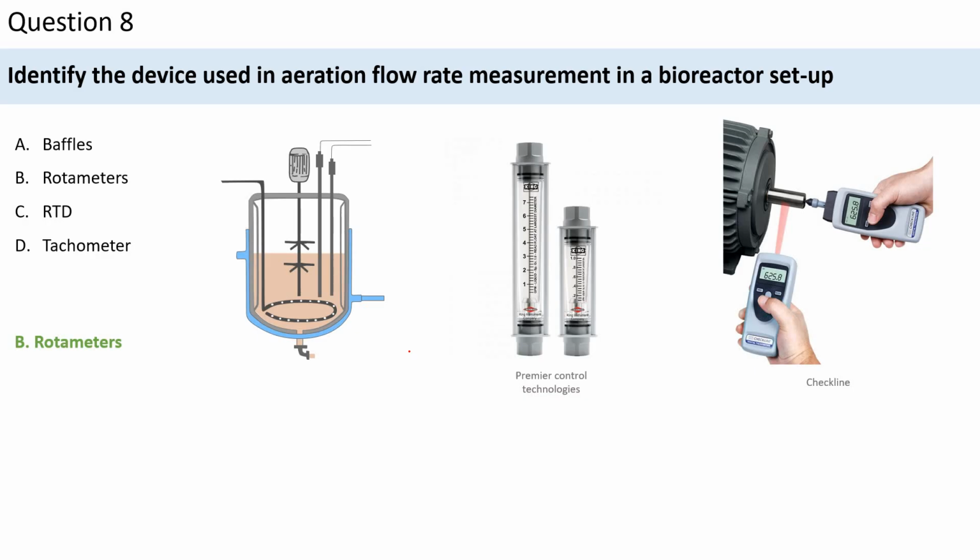RTD is related to temperature detection, based on resistance. Whereas the tachometer is mainly used to find how much power is being supplied. The motor is there, right? If it rotates at 600 rpm, how much wattage is being used for this, and so on. That is what is identified.